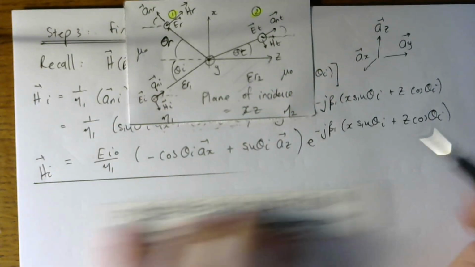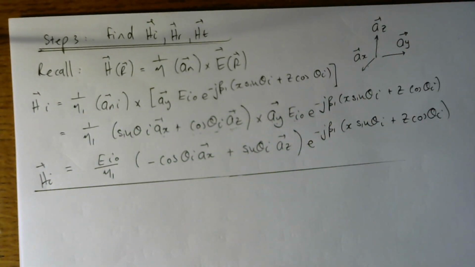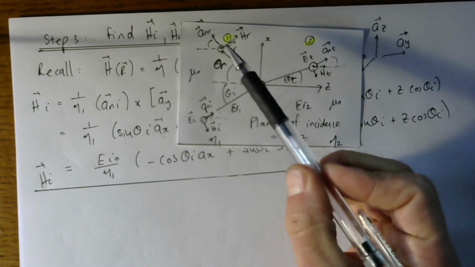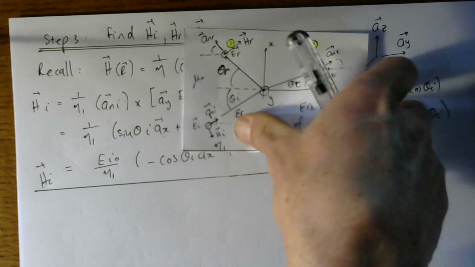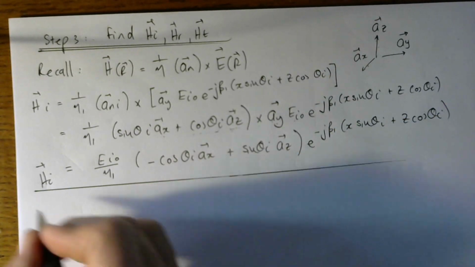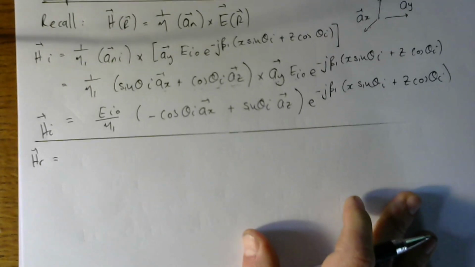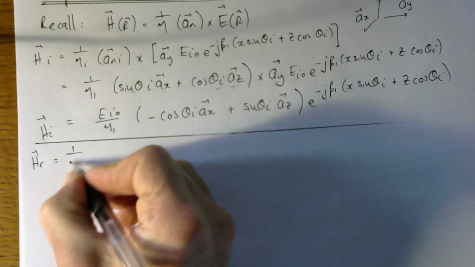So let's just quickly do this. Let's work with the reflected field first. I'm expecting some positive x component and some positive z component. Let's see if this is what we're getting. So HR is equal to 1 over eta 1.